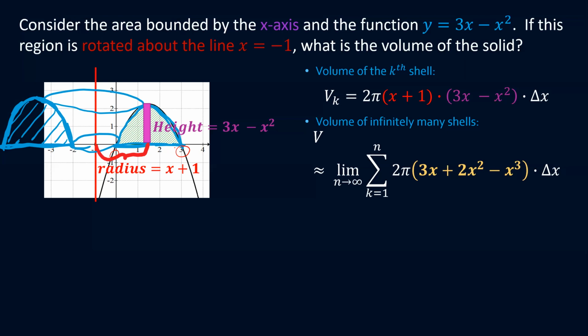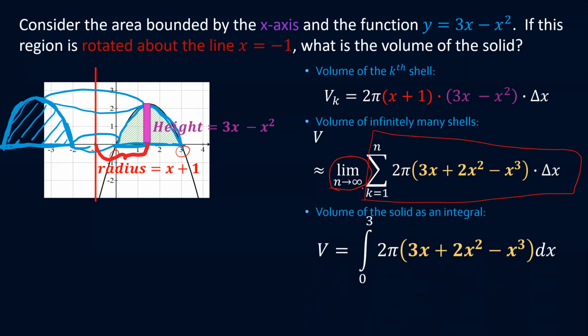And then what are we going to do? That limit as n goes to infinity of the sum is what defines an integral. And that would be an integral from 0 to 3 of that function. I just simplified the red multiplied by the purple to get the yellow part there.